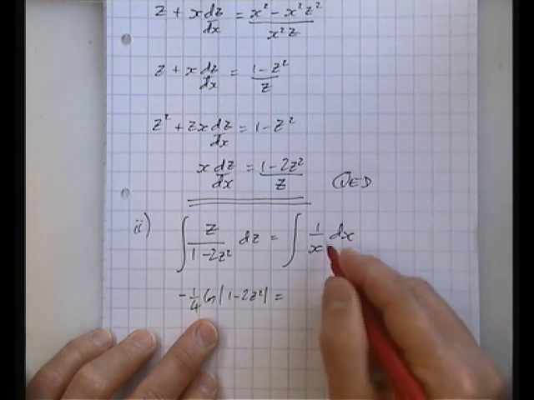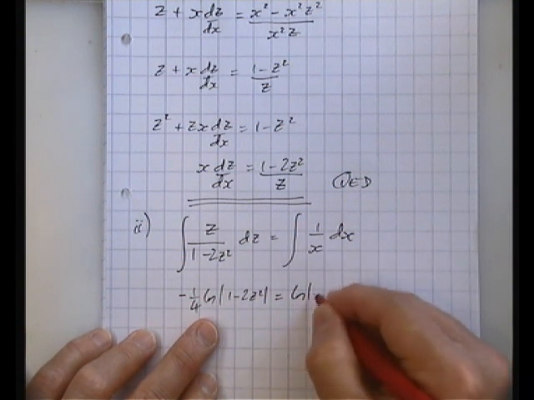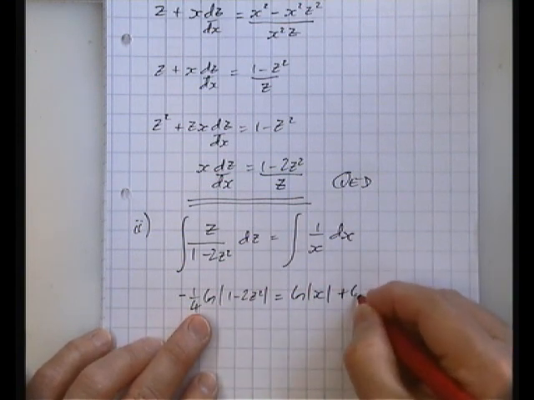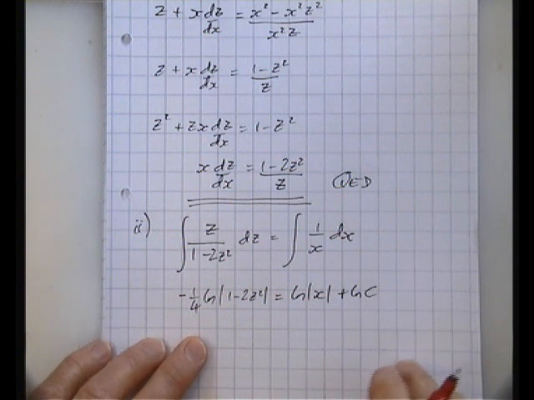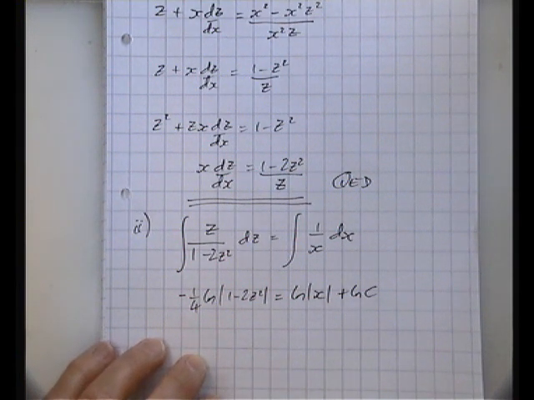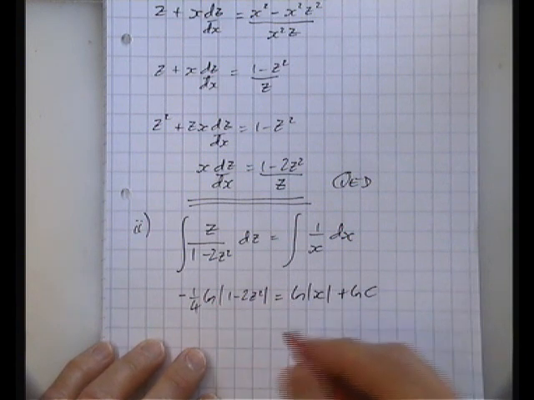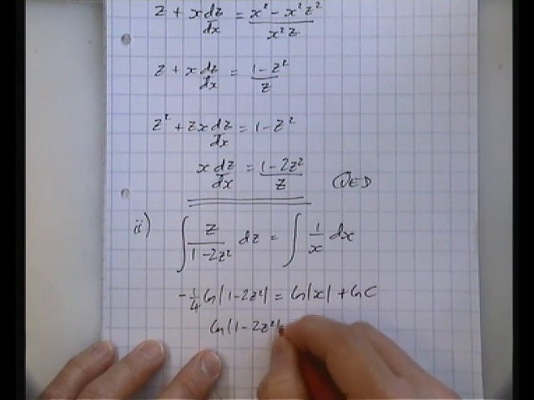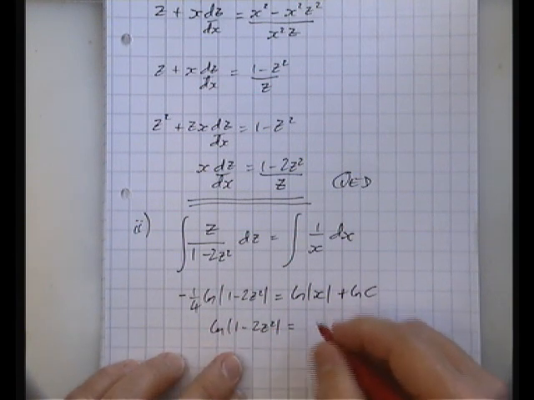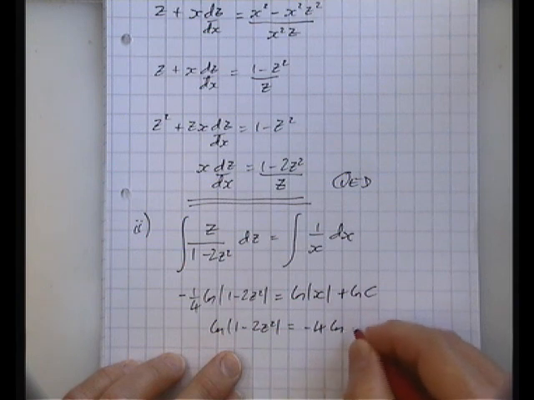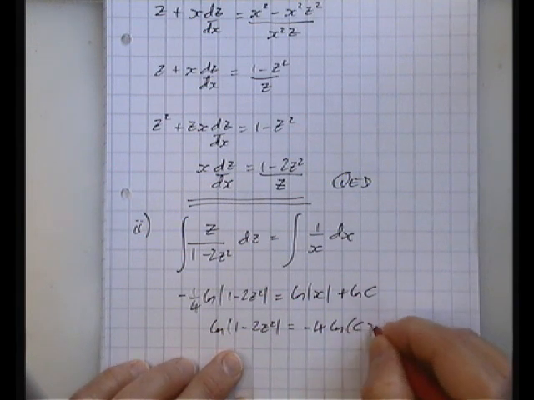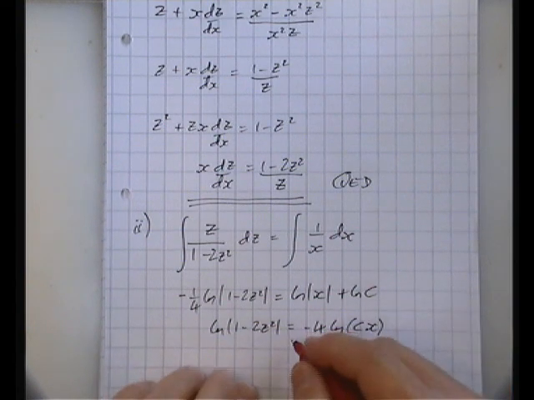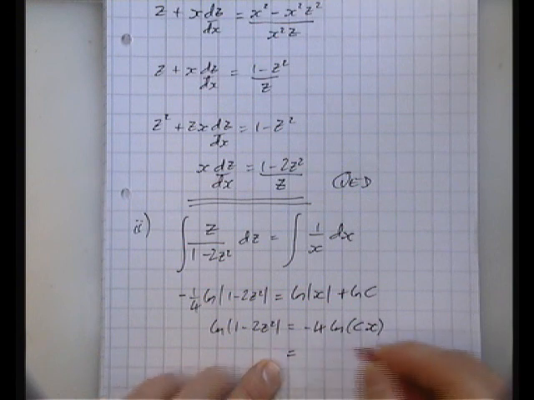Now we need a constant, because we're working with natural logs, let's make our constant a natural log constant, and then we can combine it in a minute. And in fact, at this point, we can write ln(1 minus 2z squared) is equal to minus 4 ln cx at that point. And we can even bring in the minus 4 and say that's equal to ln of cx to the power minus 4.